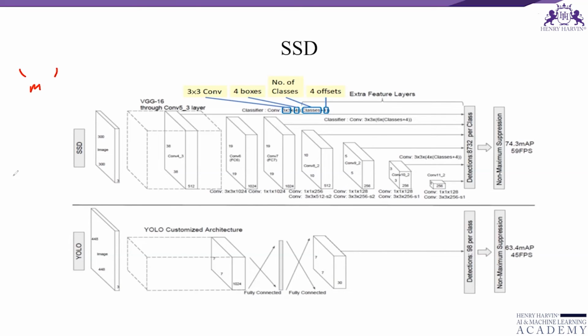Say S min is 0.2 and S max is 0.9. That means the scale at the lowest layer is 0.2 and the scale at the highest layer is 0.9, and all the layers in between are regularly spaced.